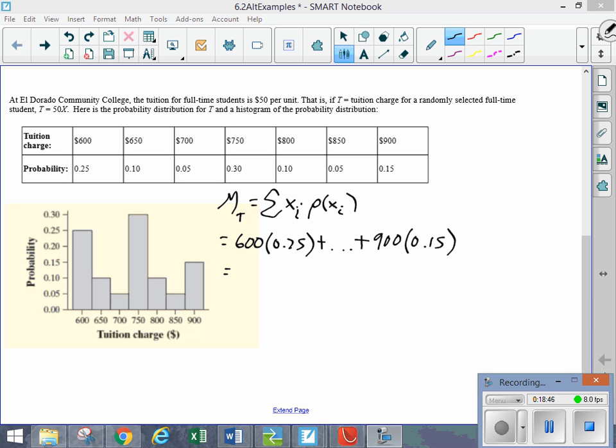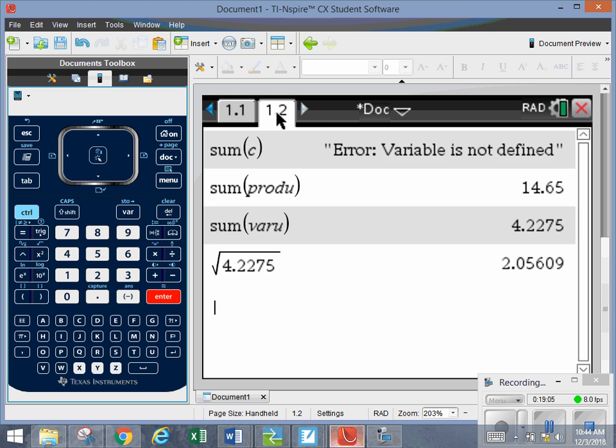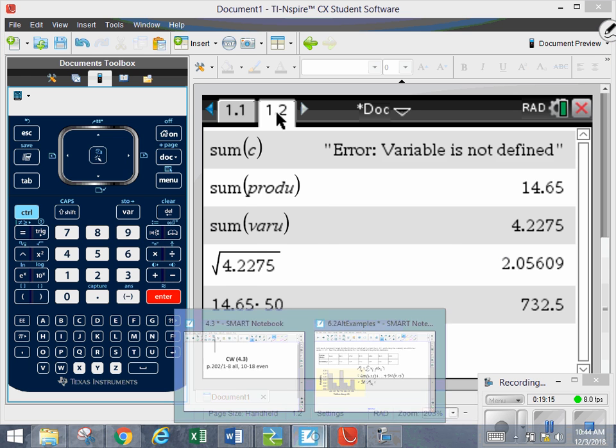So it's the same thing as 50 times mu sub x, right? Which is going to be 732.5. Man, that saved us some time, didn't it?